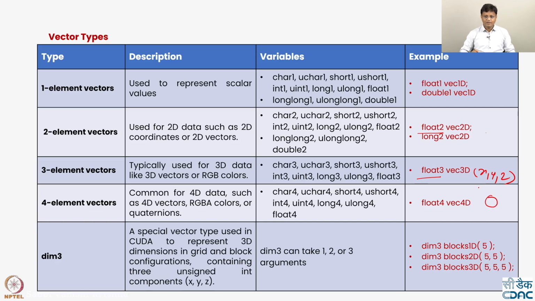Suppose we have taken one object, a circle, and in this object you are filling some color. Whenever we fill some color, it is always R, G and B, 3 colors. But I can add one more parameter to each color, that is alpha.